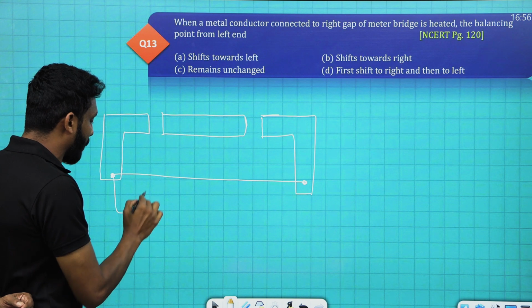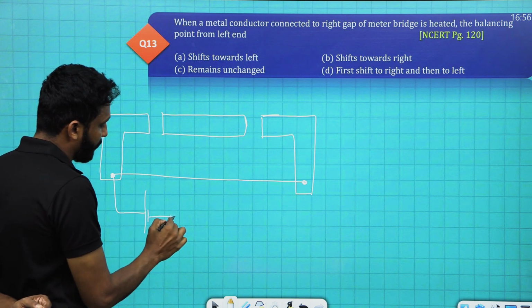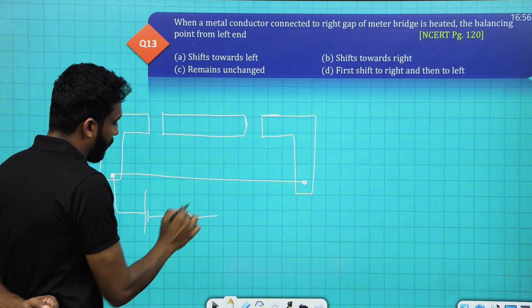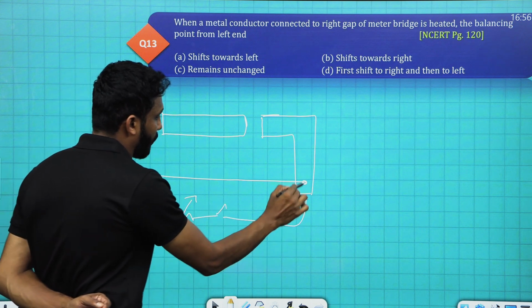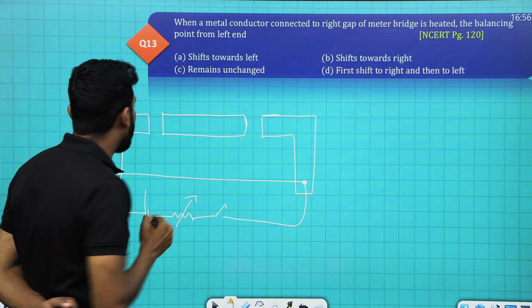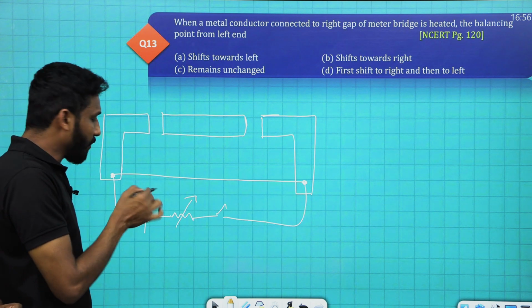Here we connect the primary circuit. This is the connection of the battery.